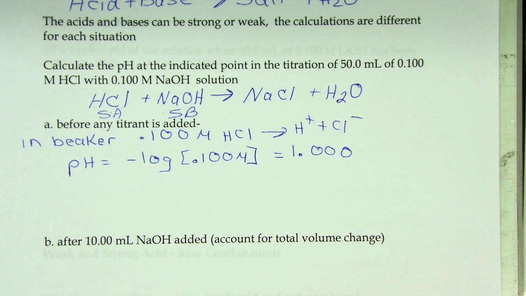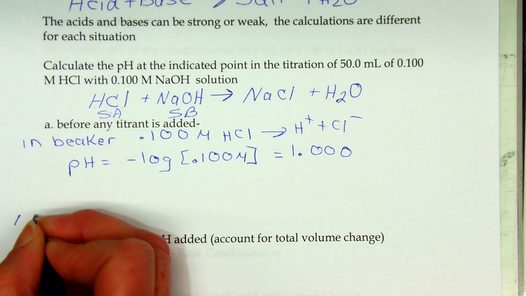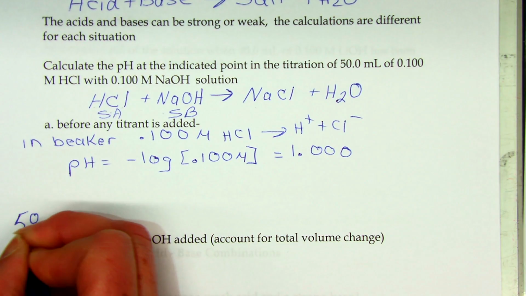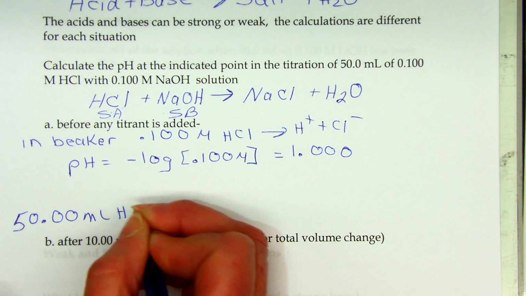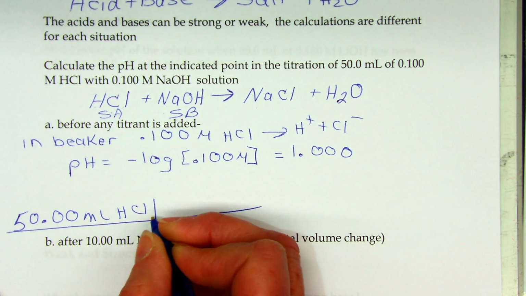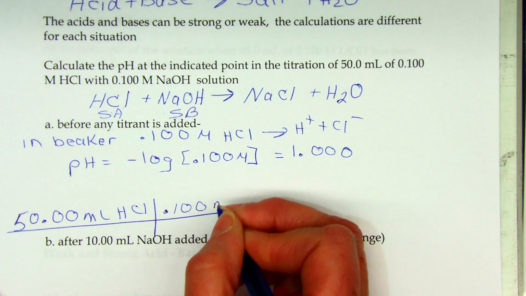So I have to think about what was in my beaker and how much of it now, and how much is in moles. So what I put in my beaker to start, I had 50 milliliters of HCl, and the concentration of my HCl was 0.1 molar, 0.1 moles per liter.